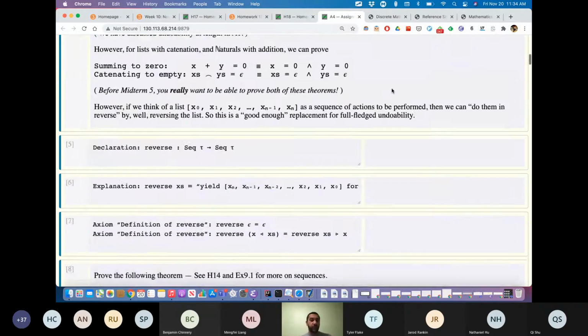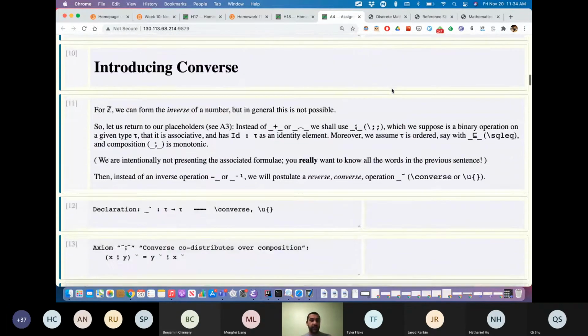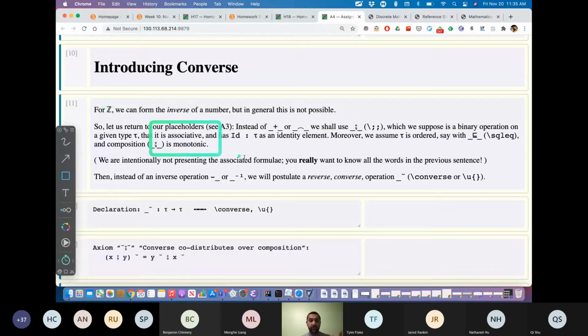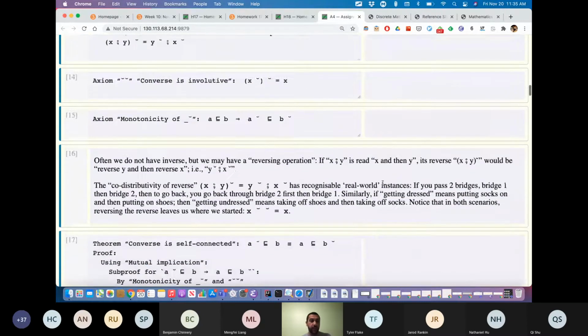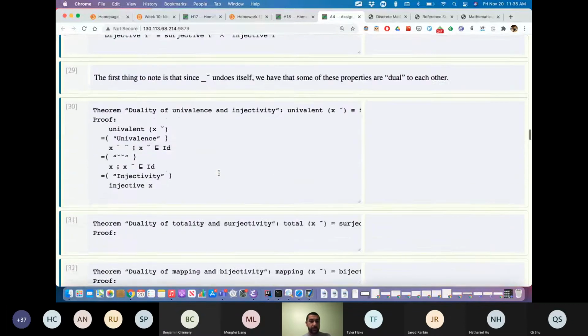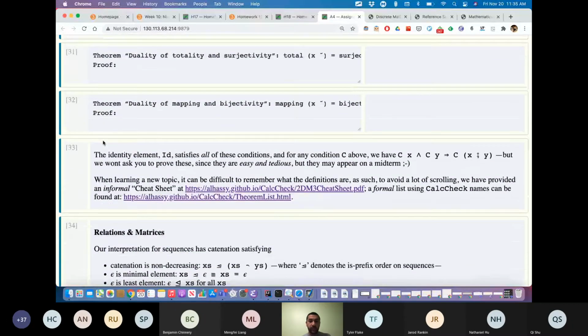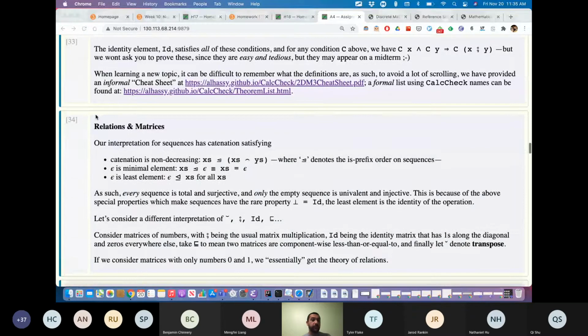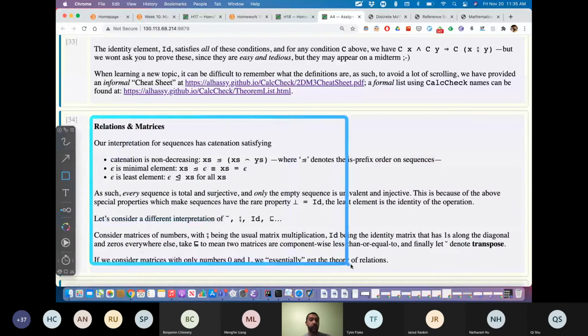In assignment 4 we say these could be numbers, they could be sequences for concatenation. Then we said it might not be appropriate to treat these as sequences anymore, so we can treat them as matrices or relations. So we gave different interpretations for assignment 4.